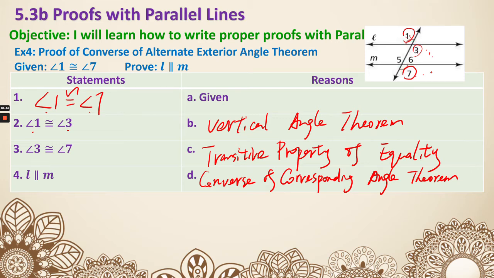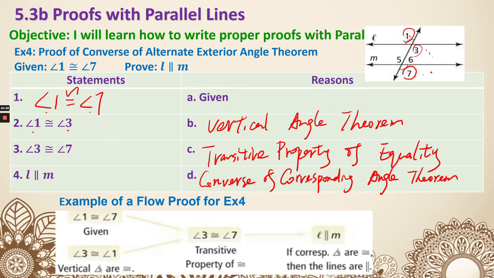We have other ways to write proofs, so I'm going to introduce you to a second way, which is called a flow proof. Here's how a flow proof looks for this example. We have angle 1 is congruent with angle 7. That's given. The other piece of information is angle 3 and angle 1 are congruent because they're vertical angles.